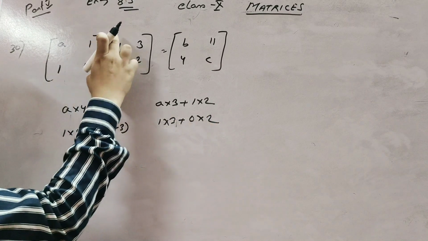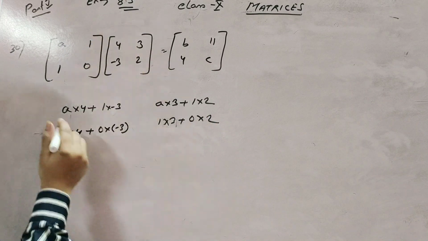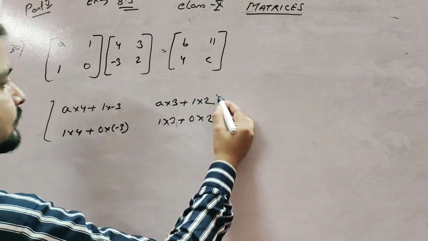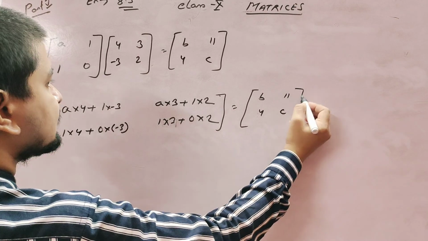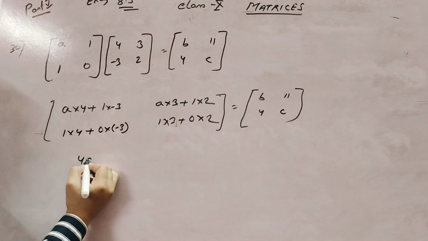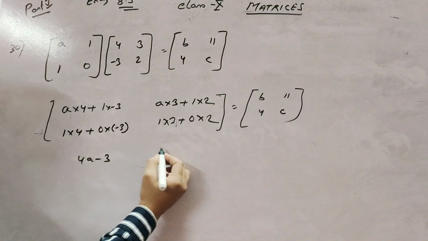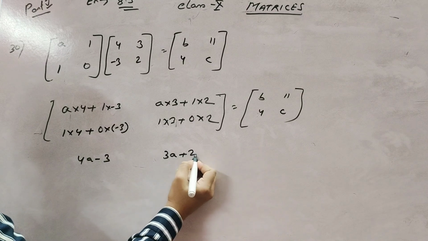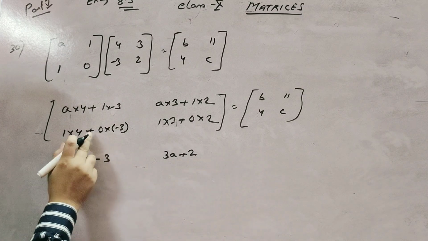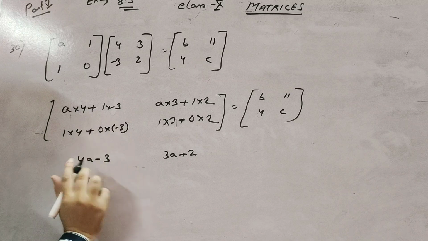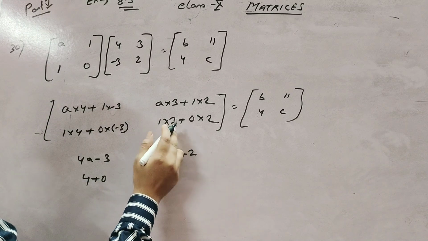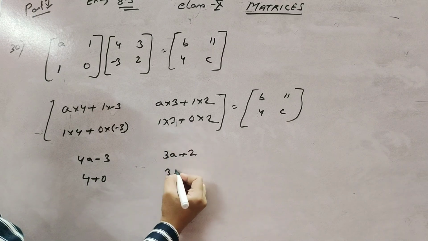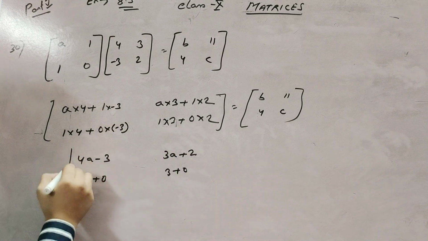Second row, first column, second row, second column. Equals B, 11, 4, C. So 4a plus -3, 3a plus 2, 4, and 0 into 3 is 0, plus 0, 3 into 3, plus 0. Done.